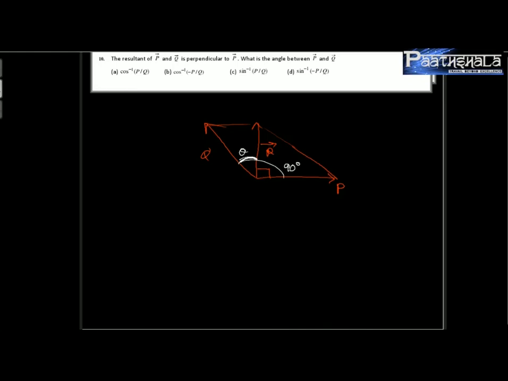So essentially what is happening, the component of Q that is in the direction of P is cancelling P out, meaning Q sin theta is equal to P. Only then can the resultant be perpendicular to P. Therefore theta is equal to sin inverse of P upon Q. So that is the answer, C.